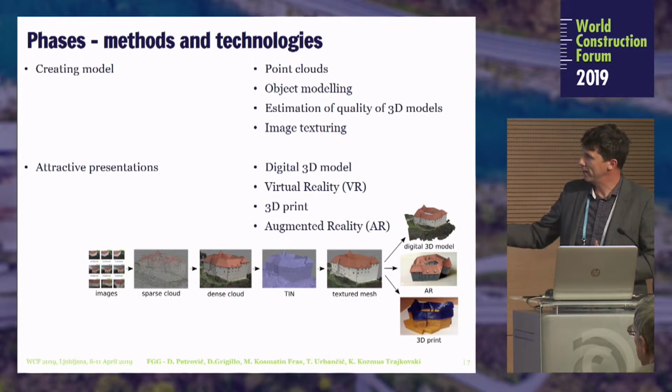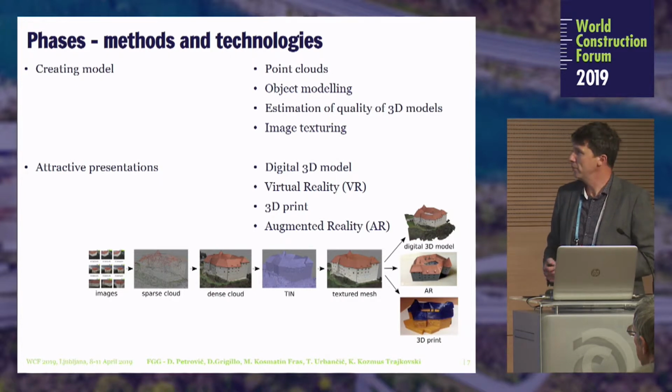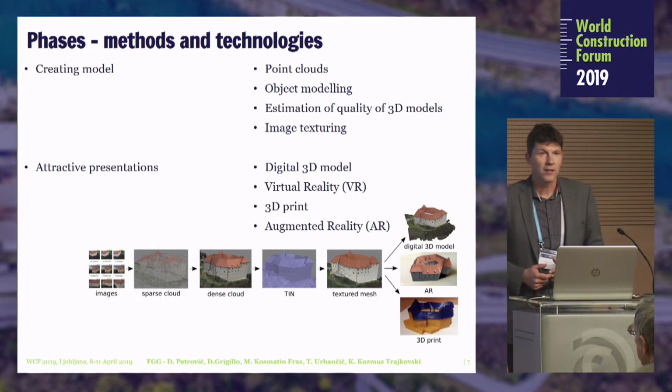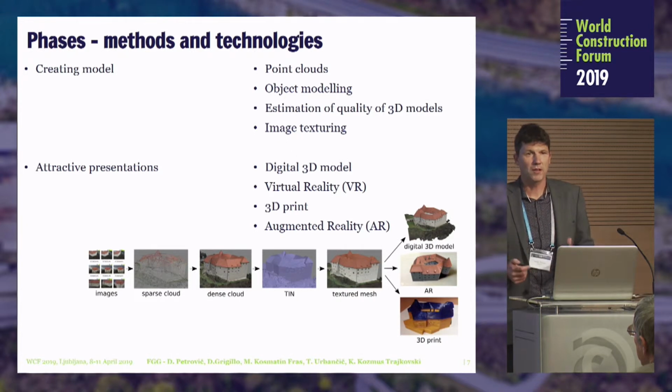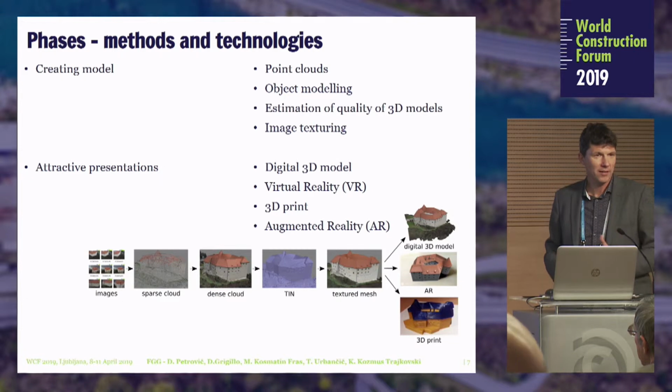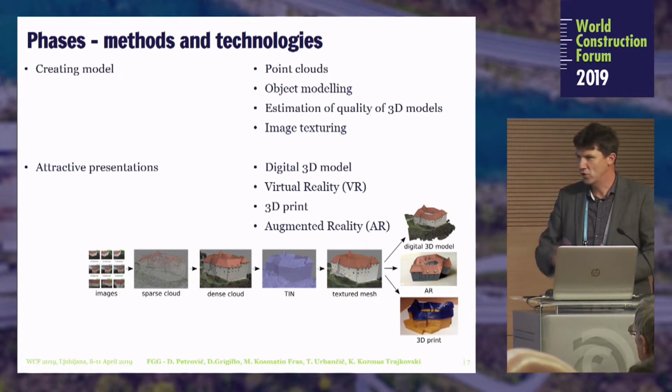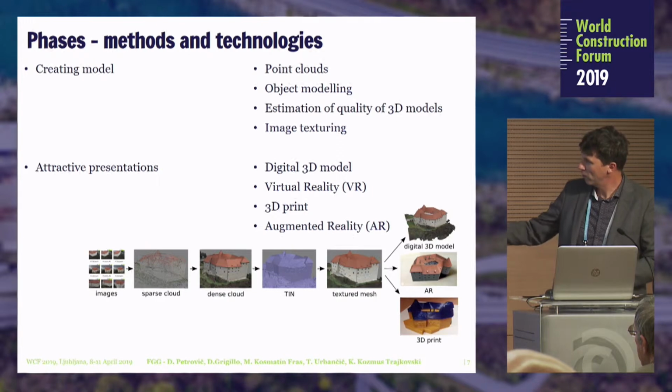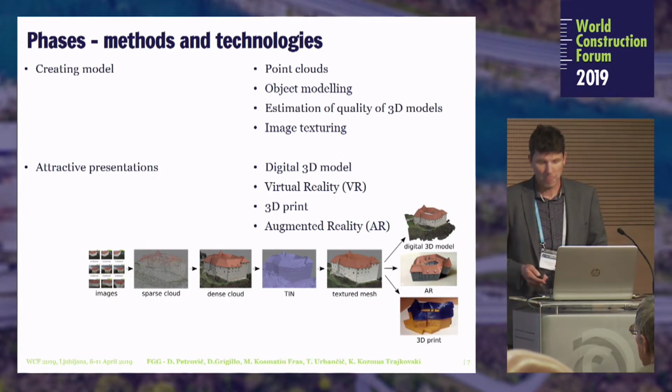And then to add the image texturing. And finally, there are also many possibilities, as we already heard, for how to present this final documentation to the audience, to the investors, to the tourists, to the maintainers. So we have quite a lot of different options here.